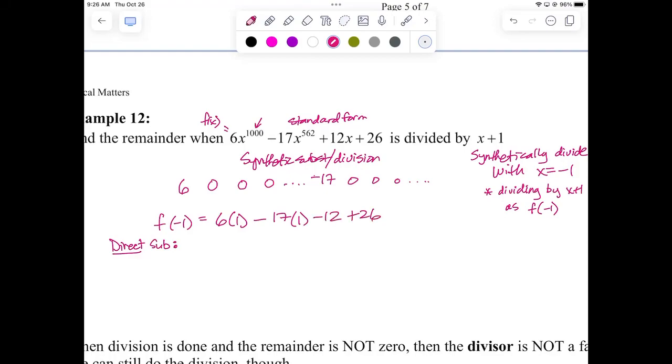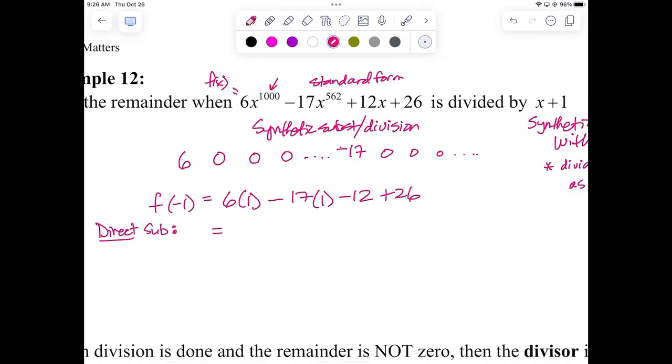Isn't that a lot easier than synthetic substitution where I need placeholders? Yes. Okay, now we just evaluate it. That's 6 minus 17 minus 12 plus 26, which is going to be, from left to right, negative 11. And then I get plus 14, which gives us 3.